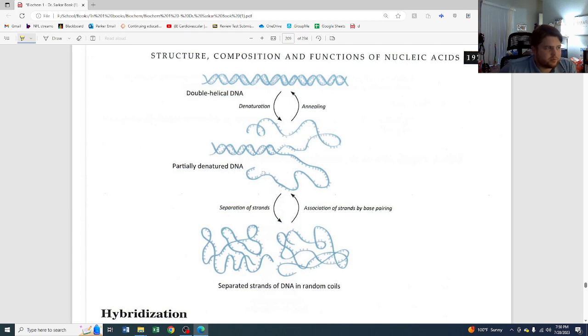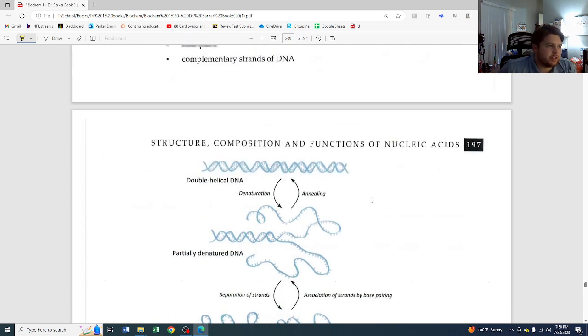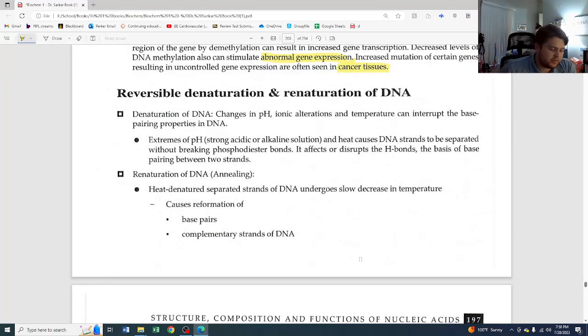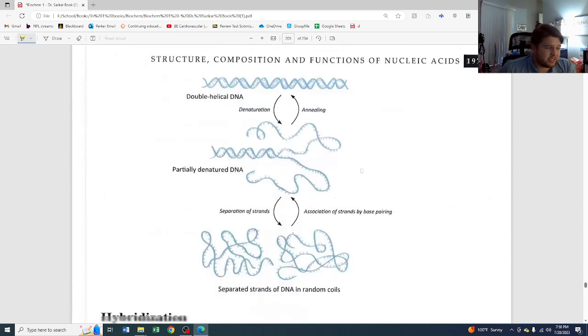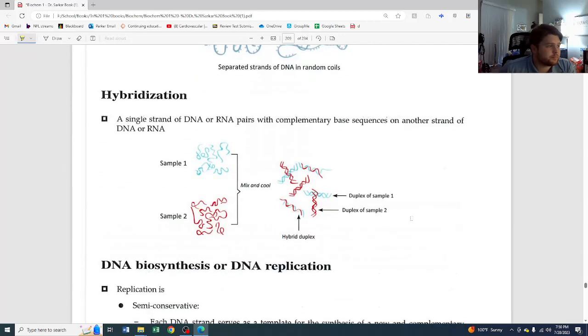If you put it in extreme enough temperatures or extreme enough pH or specific solutions, you can completely and irreversibly denature DNA. And we talked about that briefly in cells and tissues as well. So hopefully this is a little bit of a review in this chunk here.